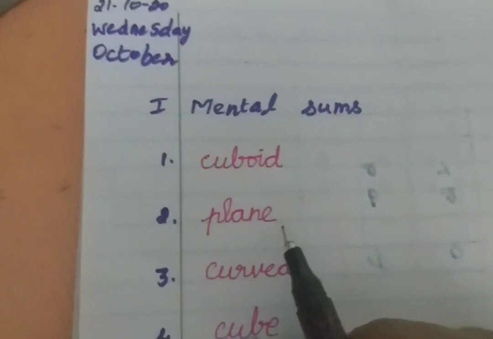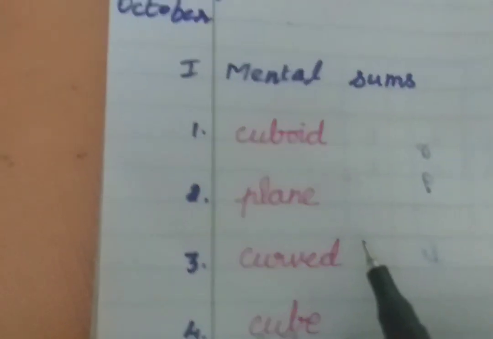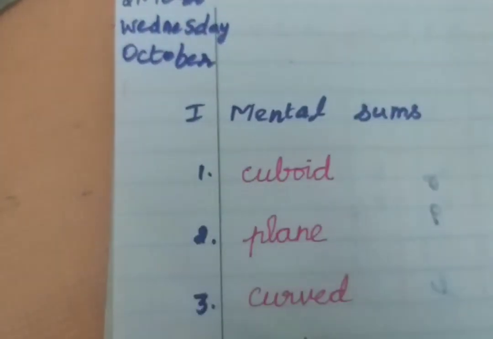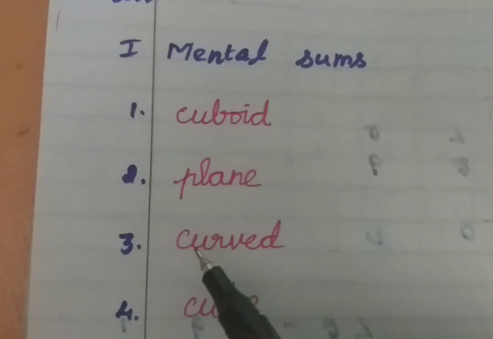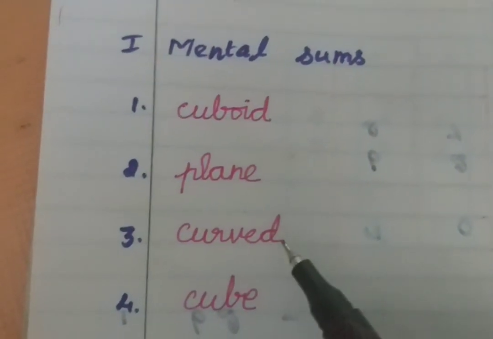And an egg has a dash surface. Egg, how is its shape? So an egg has a curved surface. A notebook has a plane surface; an egg has a curved surface. You should write curved.